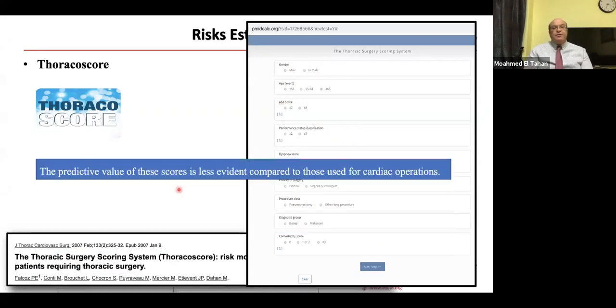The predictive value of these scores is less evident compared to those used for predicting perioperative outcome after cardiac surgery, like the EuroSCORE or others.